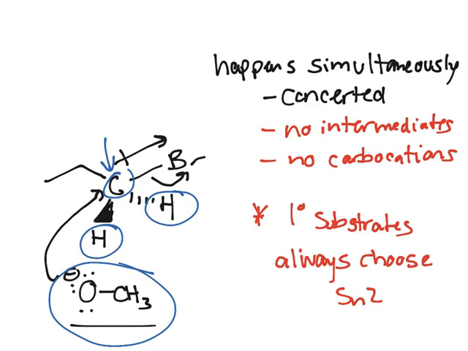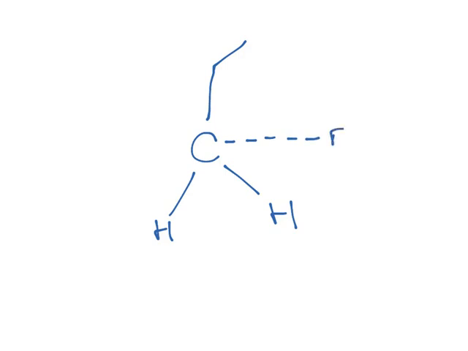Another thing I have to mention is the transition state. So for Sn2 reactions, you have a transition state. So let's say you have a carbon there, hydrogen, hydrogen, the same thing we drew earlier. Now these dashed lines represent partially broken or formed bonds, right?